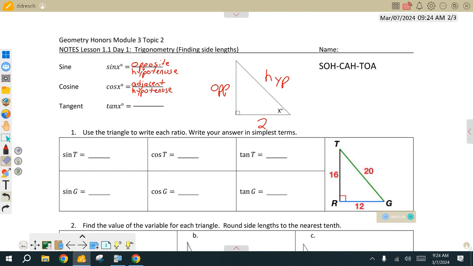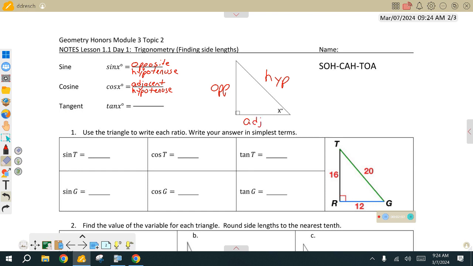Adjacent is relative again, relative to where you are standing. That's your immediate left, your immediate right. So as you're standing at angle x, what's my adjacent side up there? Yeah, it's my 2. Okay, so that's my adjacent.